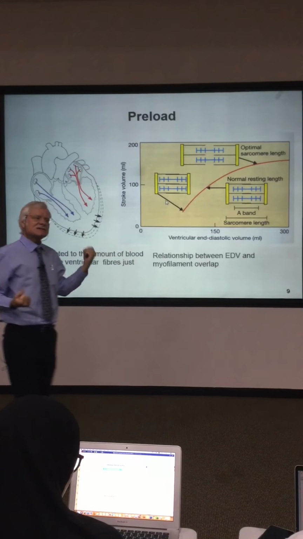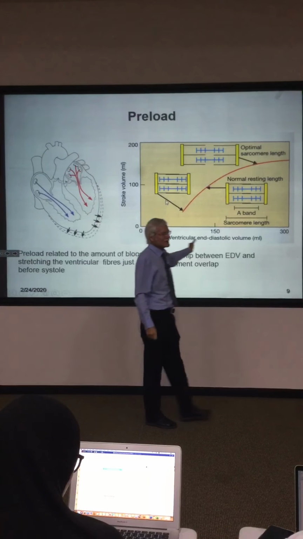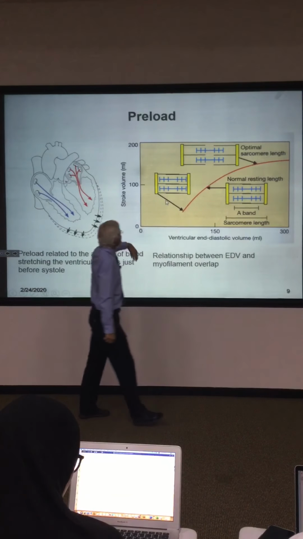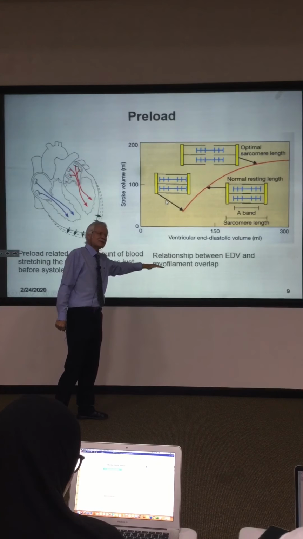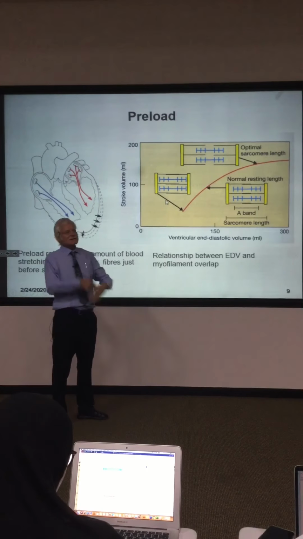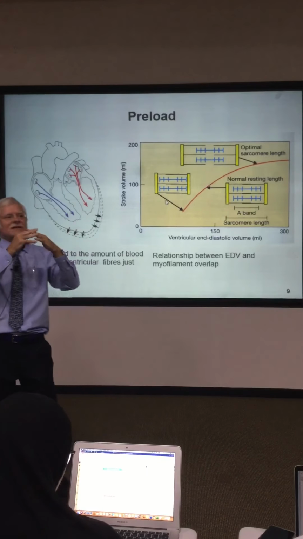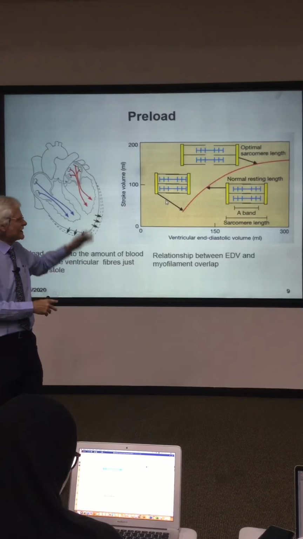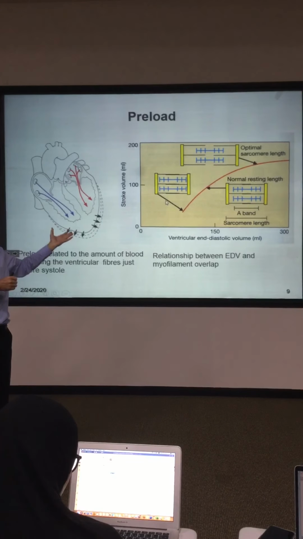Once again, you can do experiments that show that if you increase ventricular end diastolic volume, you increase stroke volume, and if you're also measuring calcium at the same time, you could show that calcium was going up inside the cell. So that's another explanation. One explanation is to do with the arrangement of the actin and myosin, and the other is to do with maybe stretch-activated calcium channels.